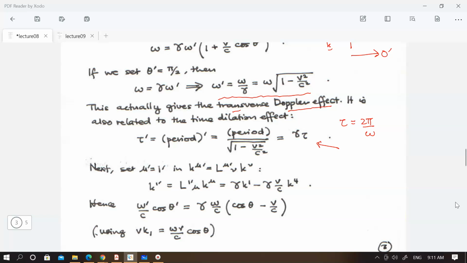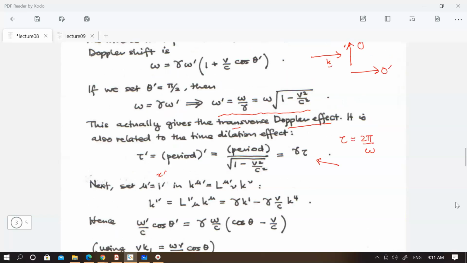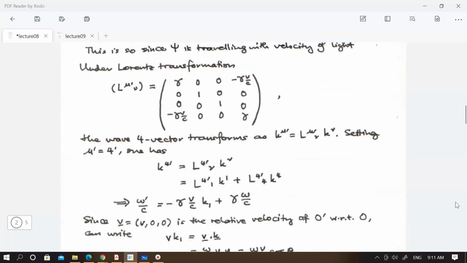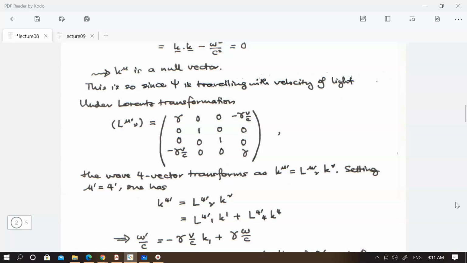So this is just your x dash component. So essentially, remember the Lorentz transformation that we are actually looking at is this boost transformation, and the only non-trivial elements here are just your first row and your fourth row, or first column and fourth column.